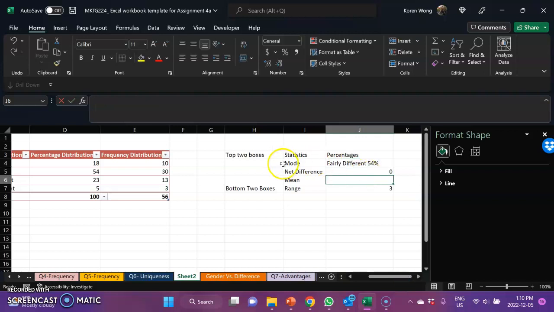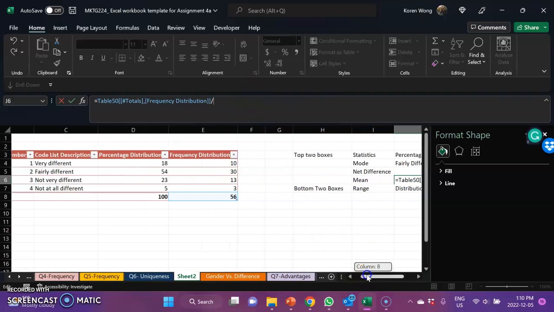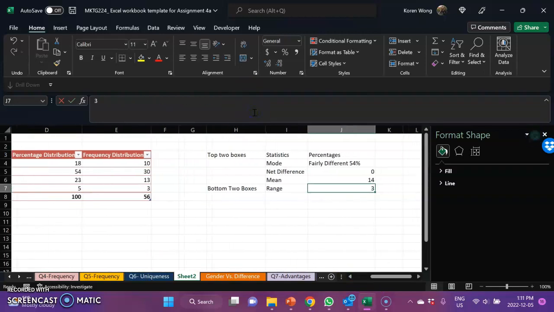Net difference and top two boxes mean exactly the same. Mean, how you calculate that, it is equal 56 and then divided by 4. And my mean, it is 14.